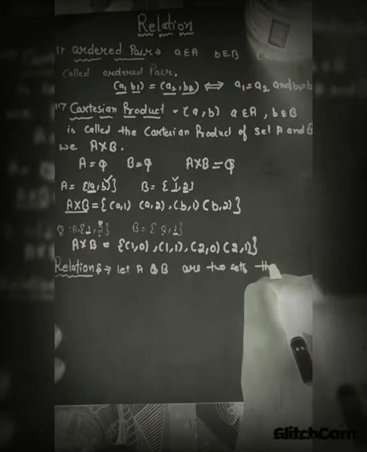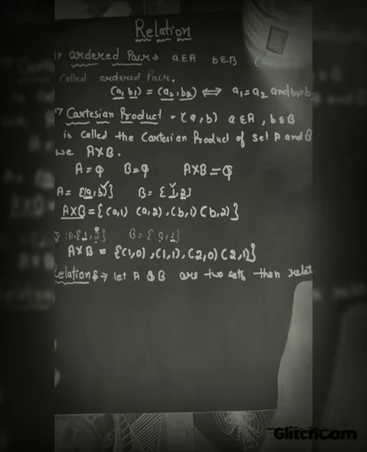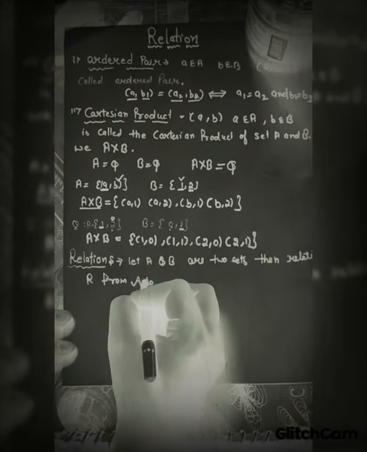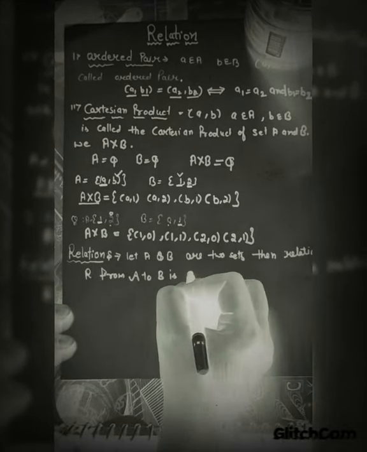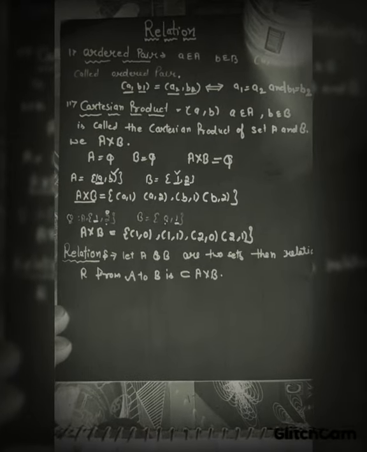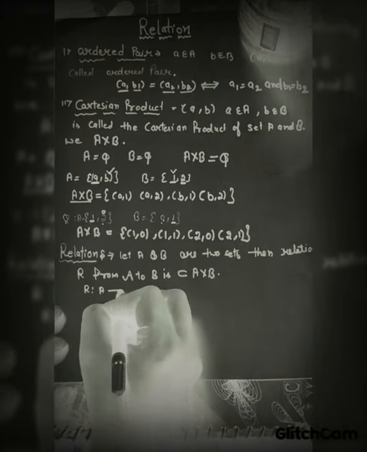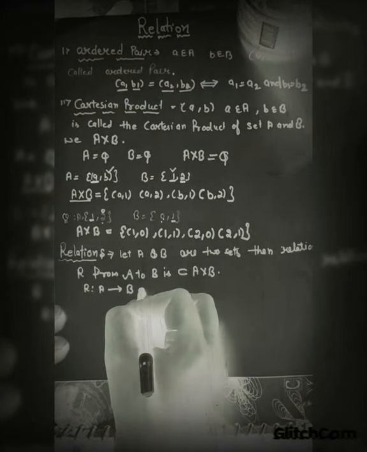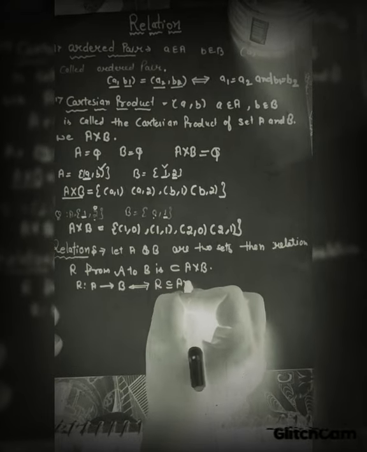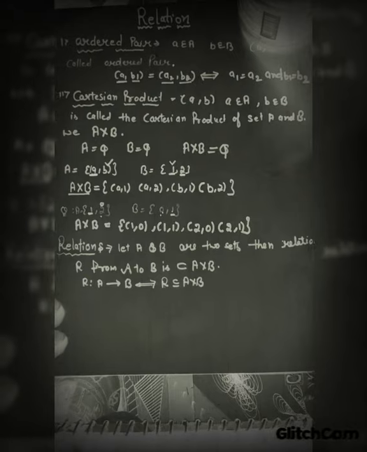Then a relation R from A to B is a subset of A cross B. It means R is a relation from A to B if and only if R is a subset of A cross B. It means a relation is a subset of the Cartesian product.